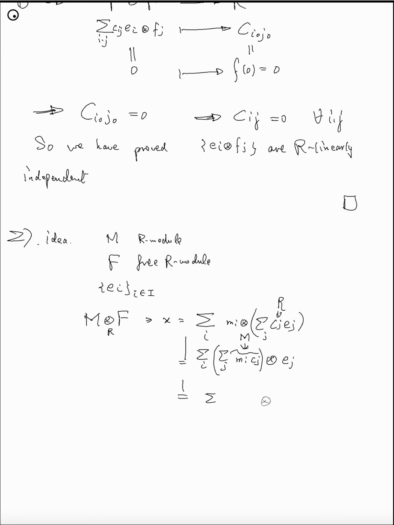And this is also, for fixed j, some m_i prime, some m_j prime. Let's see. This is in M, and then tensor e_j. Okay, so this is okay.